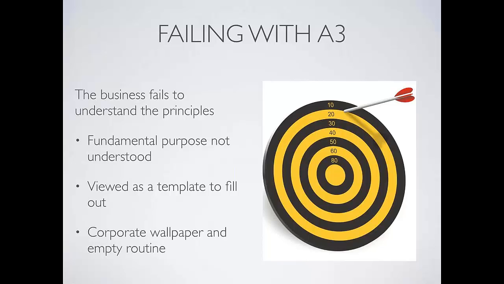In the US, the equivalent size of paper is 11 by 17. So A3 is just creating a visual story that can be portrayed on a single large sheet of paper. That's right, yes.